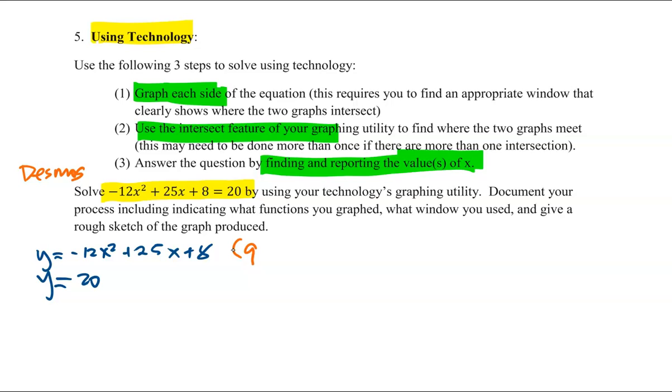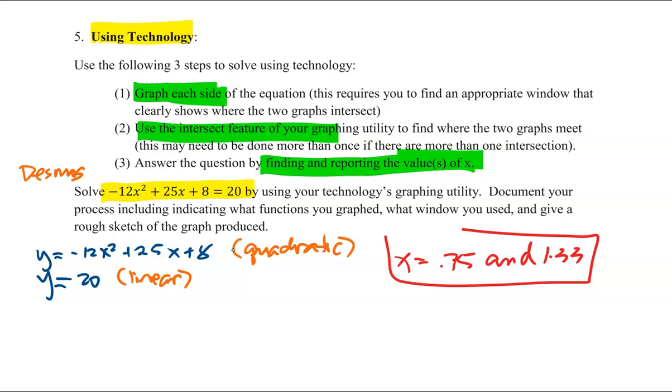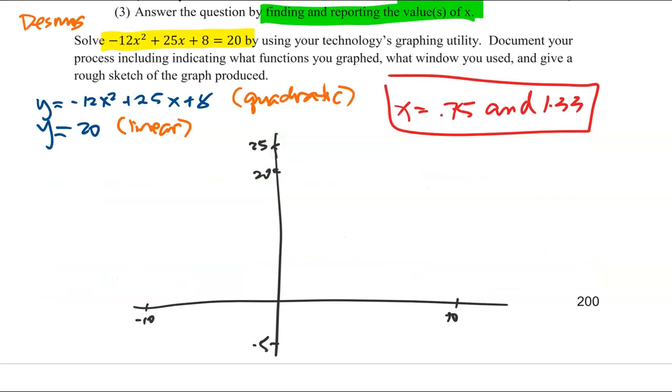We know that this is quadratic and this is linear, and the two intersect at the values of x equal to 0.75 and 1.33. We used the window for x from negative 10 to 10 and for y from negative 5 to 25.